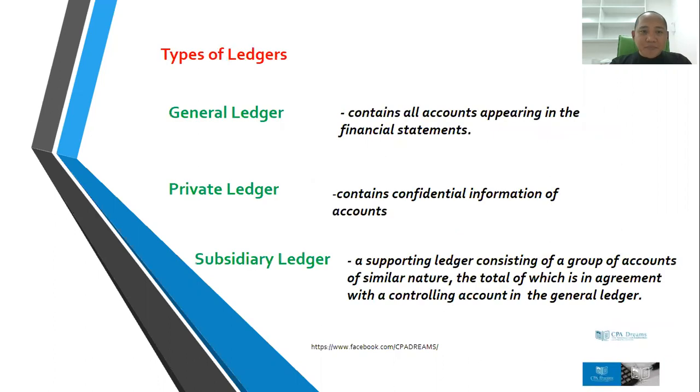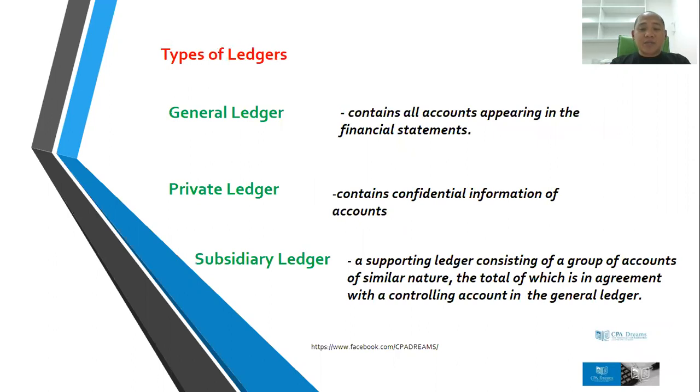Okay. So there are types of ledgers: general ledger, private ledger, and subsidiary ledger. The general ledger contains all accounts appearing in the financial statements. These refer to your cash general ledger, accounts receivable general ledger. Private ledger, these are confidential information of accounts. Subsidiary ledger, we are going to focus on this one later.